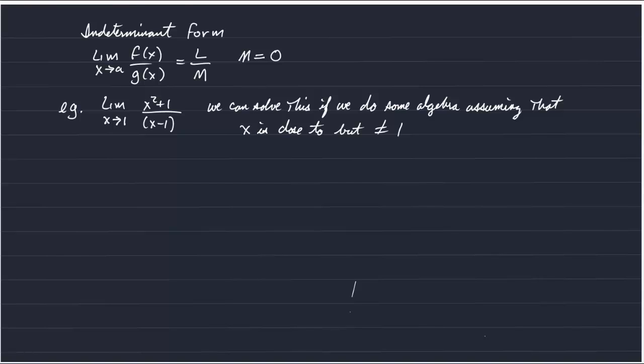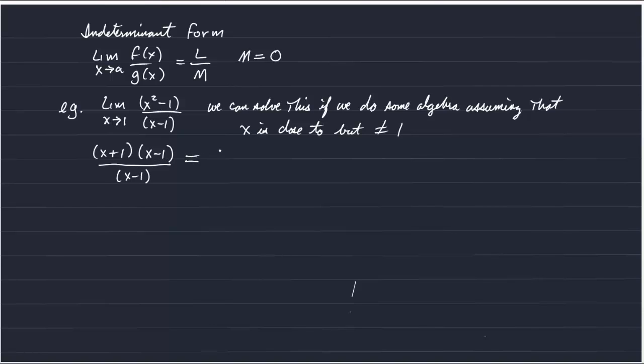So if we do that, oops, I'm noticing I made a little mistake on my numerator equation here. Let's use the function x squared minus 1. Okay, so we can break the numerator into the product of two functions, x plus 1 times x minus 1, and divide that by the denominator.